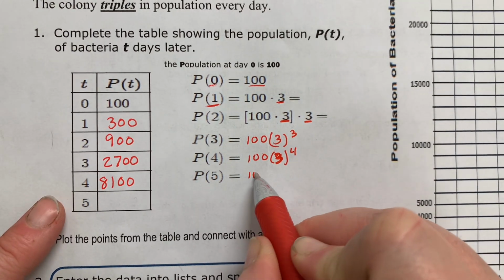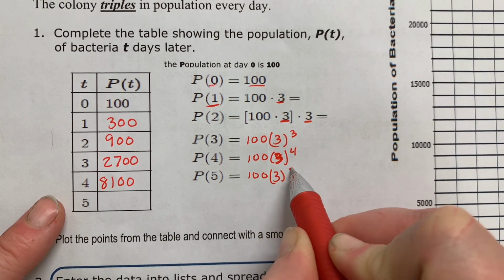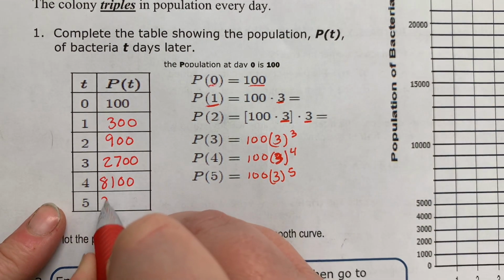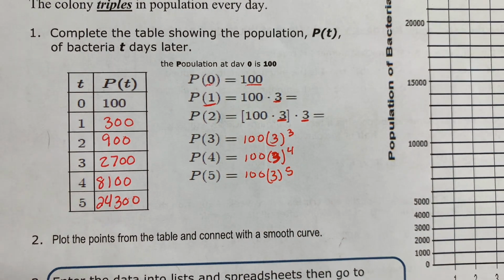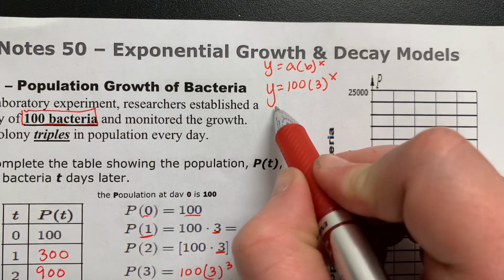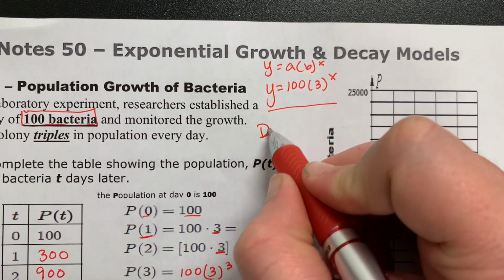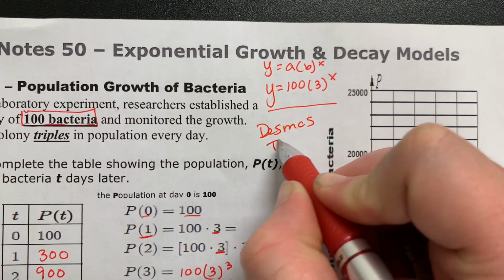And after 5 days, then we are going to get 24,300. Okay, and we can just put those in our calculator, or we can even put this in Desmos and pull up a table.